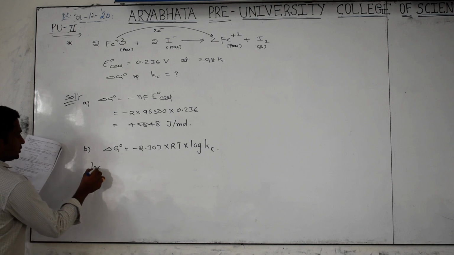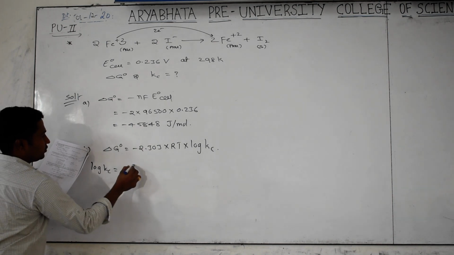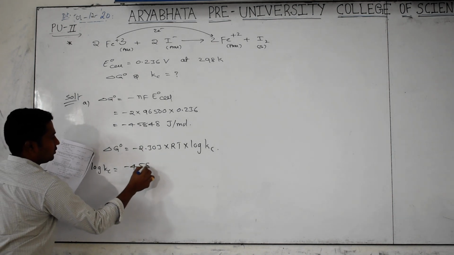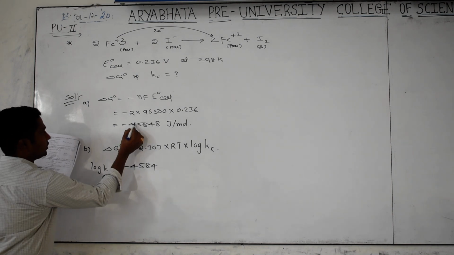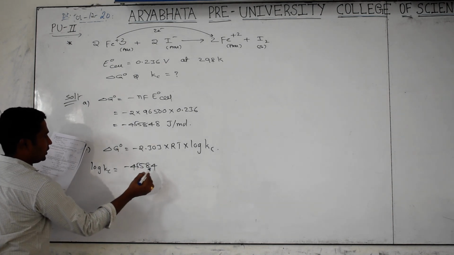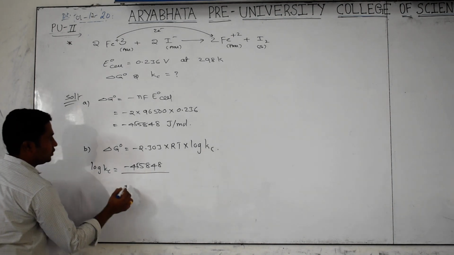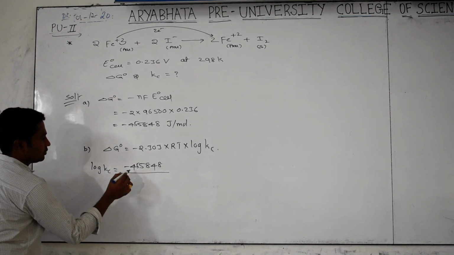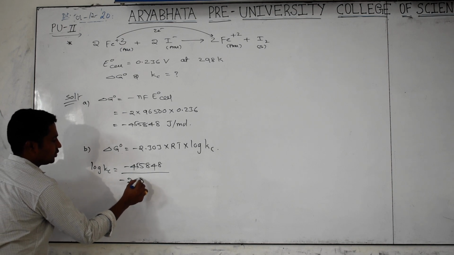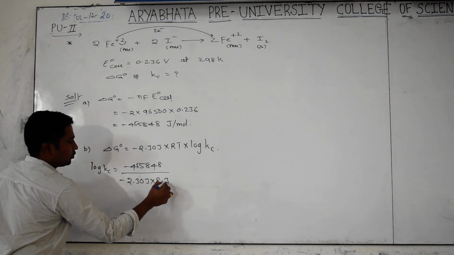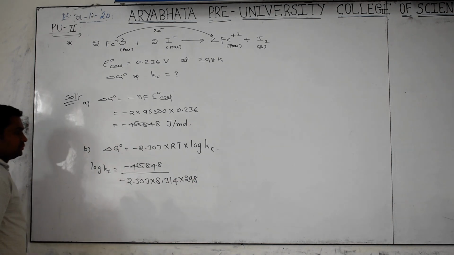Then log Kc is equal to what? Delta G naught is minus 45584 divided by minus 2.303 into R value 8.314 into temperature 298.